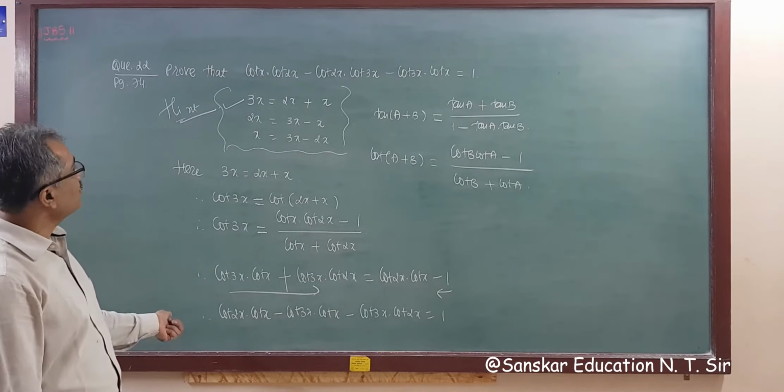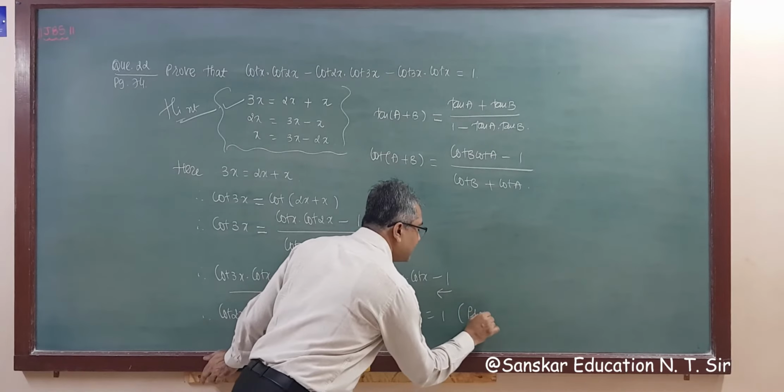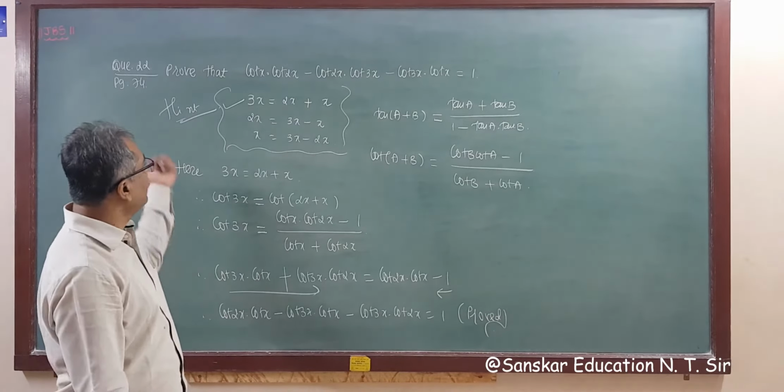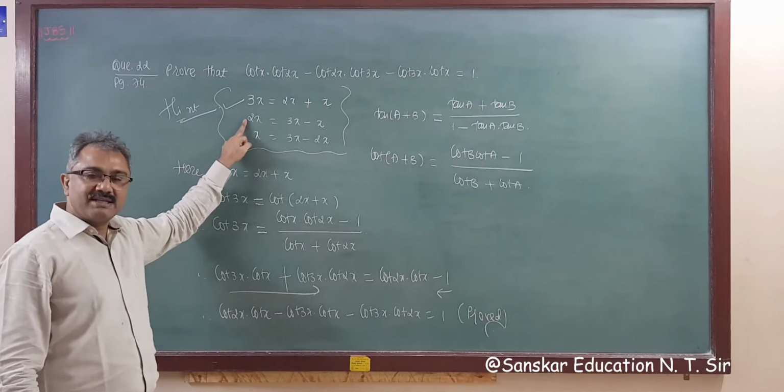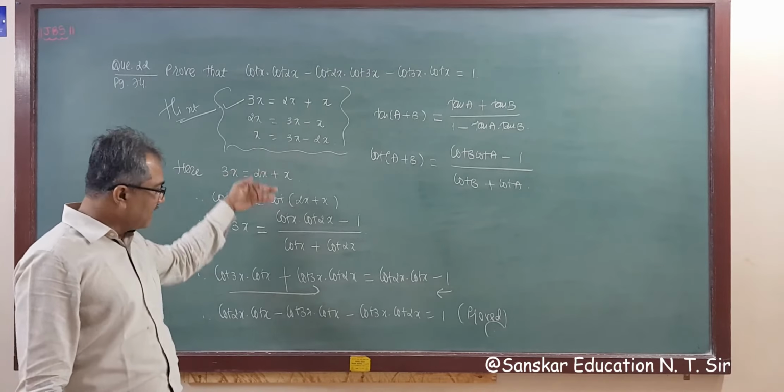Okay, fine. Cot 2x into cot x, fine. So this is your right hand side, that is what you want to prove, right? So do it yourself using this formula, using this concept. You can solve it, you will get same answer.